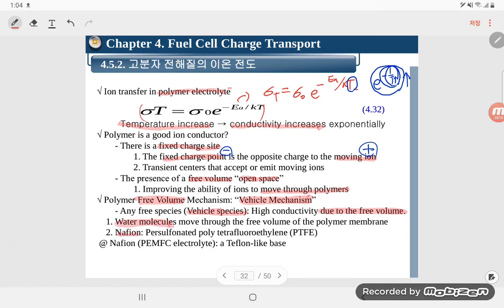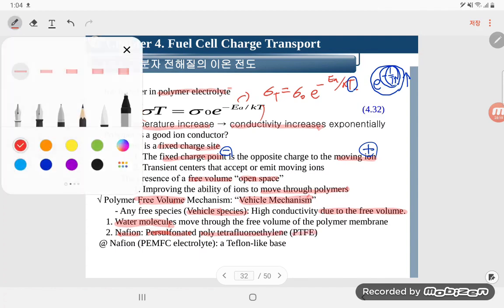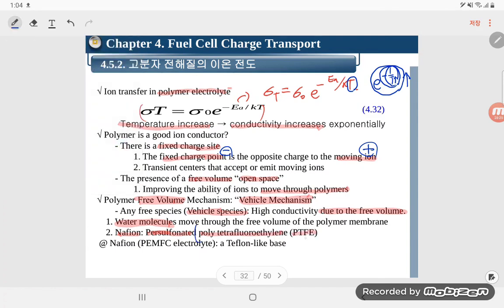And the Nafion, which is sulfonated polytetrafluoroethylene, PTFE. The PTFE is the backbone of the Nafion CF chain. There are so many CF chains. It is the Teflon. There is a Teflon-like base. So we use this one.